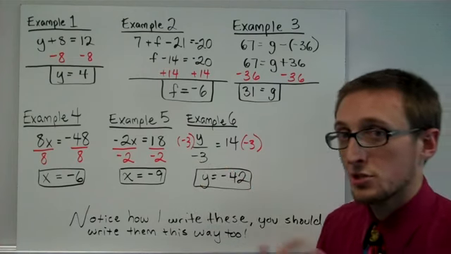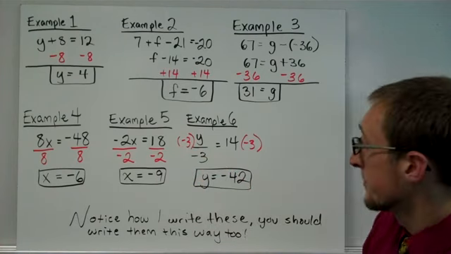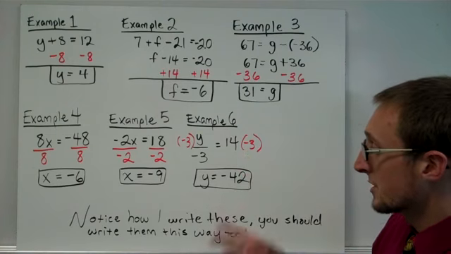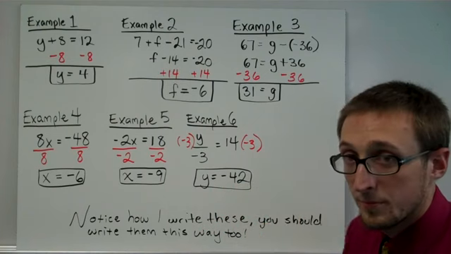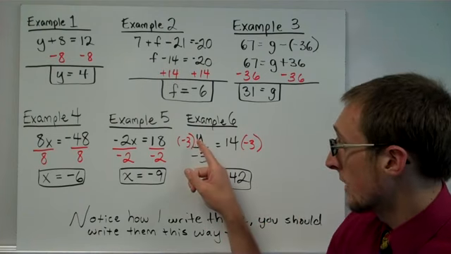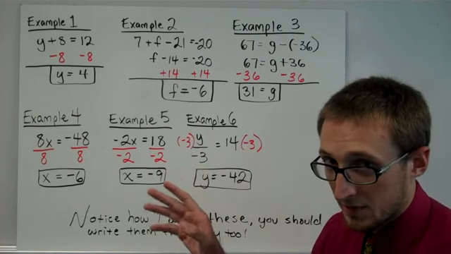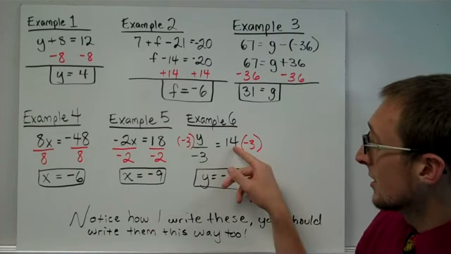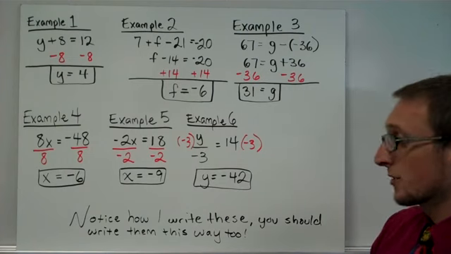And if you remember your fraction multiplication, this basically will cancel out to a positive 1. 14 times negative 3 is negative 42. So my final answer is y equals negative 42. Pause, let's check that. Negative 42 divided by negative 3 should be positive, negative divided by negative, and that's a 14, positive 14.